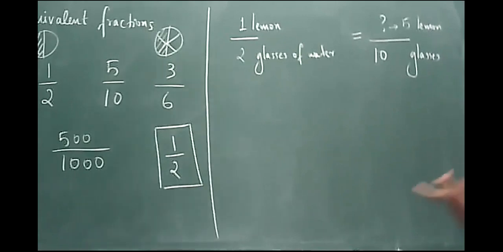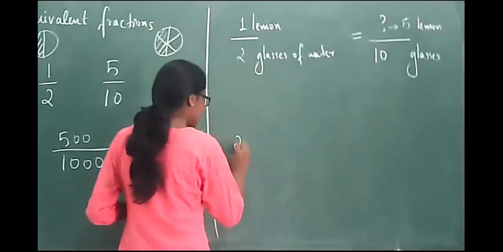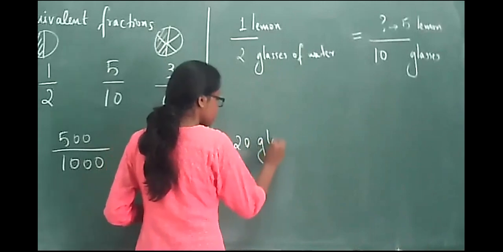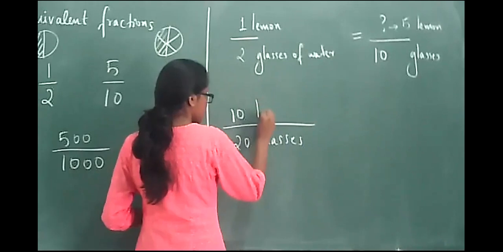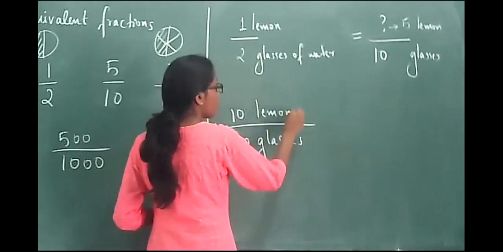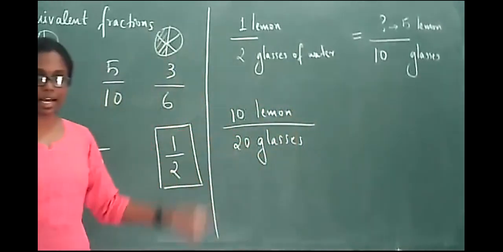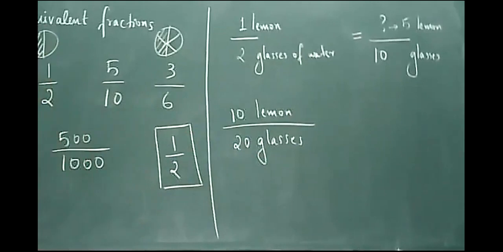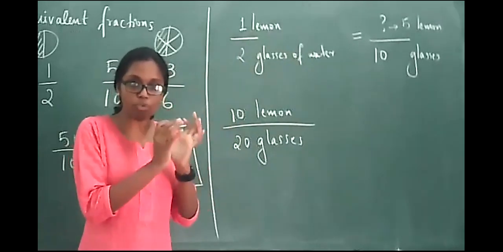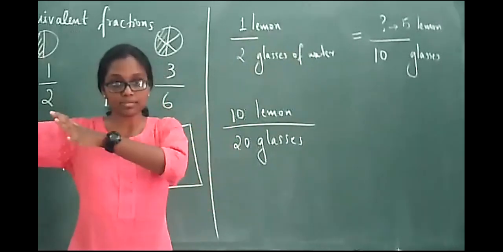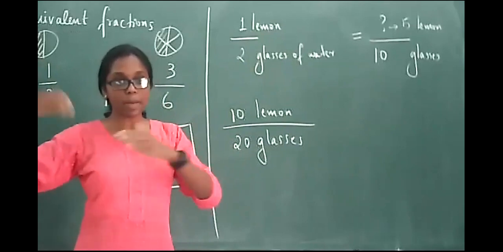Then for 20 glasses, how many lemons do you need? 10 lemons. Oh, I thought you asked for 20 glasses, how many lemons? Sorry, I wrote 10 glasses. Okay, so this is what proportion actually is. With what you know, we can extend it to something else.